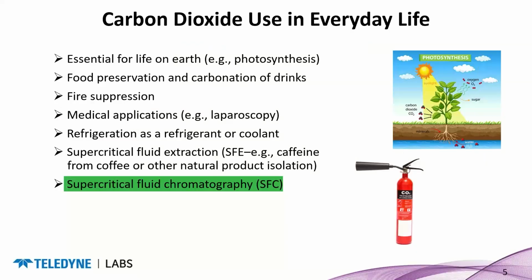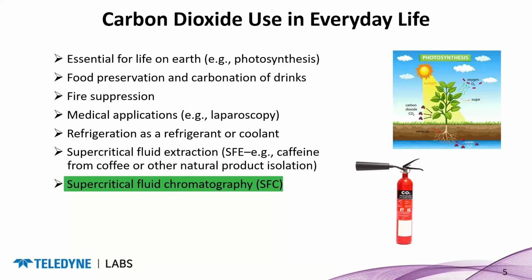So when we think further about carbon dioxide and how it's used in everyday life, it's obviously essential for life. The photosynthesis diagram shows you how plants like carbon dioxide, and they release oxygen into the air, which helps aid life and helps us live together on this planet. It's also utilized for food preservation, carbonation of drinks.